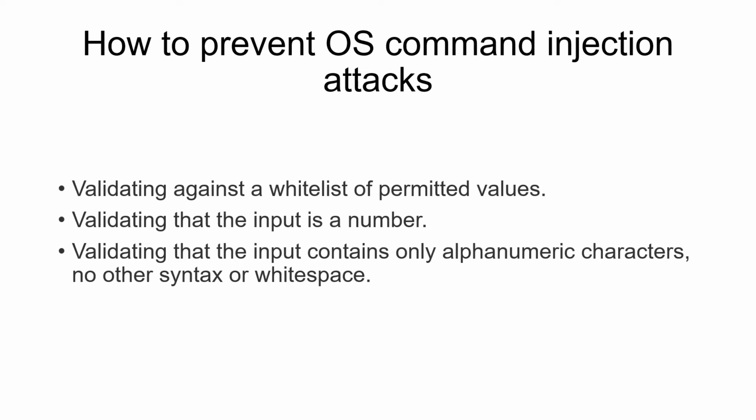If it is considered unavoidable to call out to OS commands with user-supplied input, then strong input validation must be performed. Some examples are validating against a whitelist of permitted values, validating that the input is a number, and validating that the input contains only alphanumeric characters and no other syntax or whitespace.